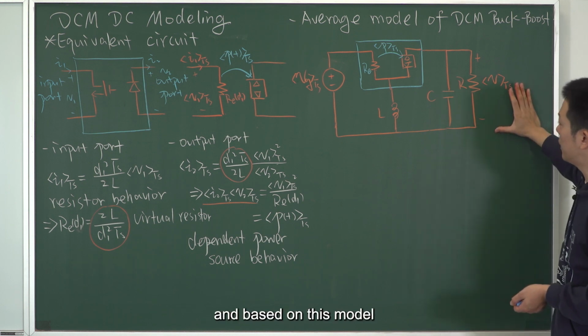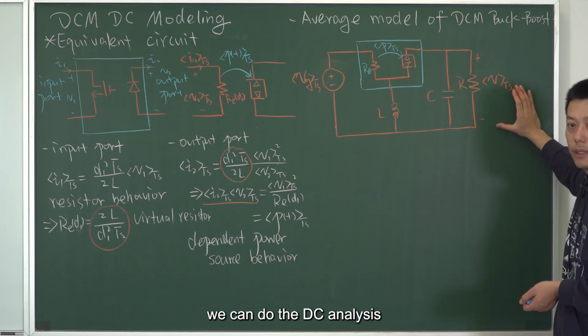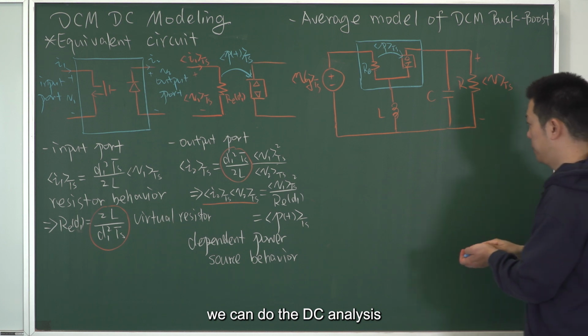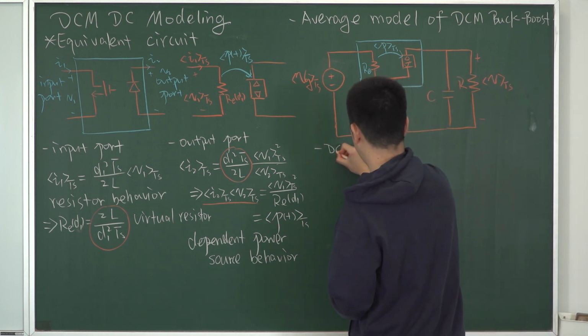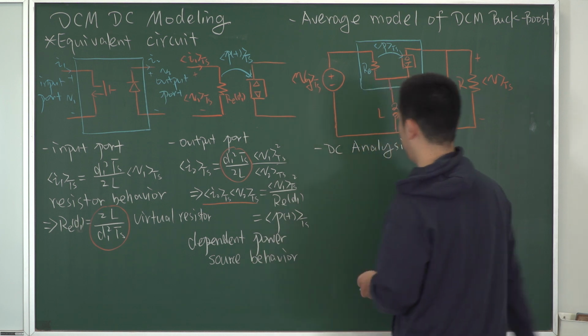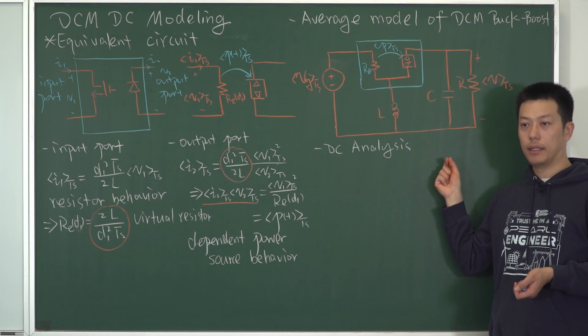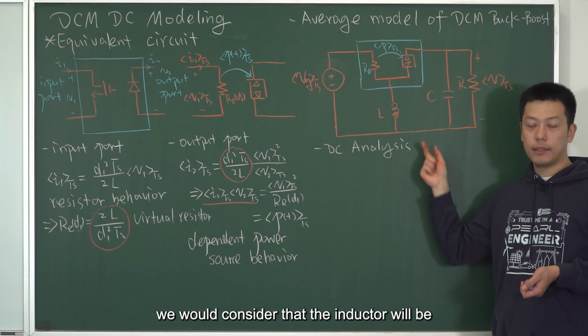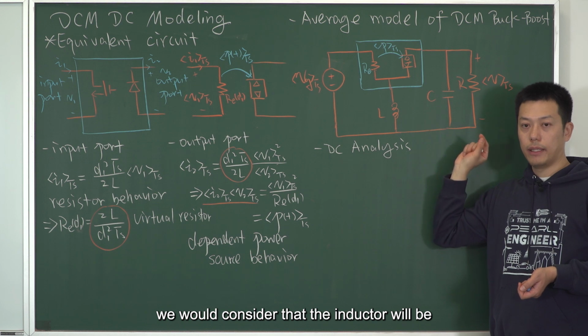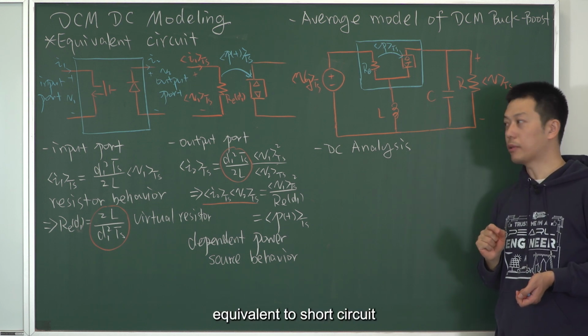And based on this model, we can do the DC analysis. So for large signal DC analysis, we would consider that the inductor will be equivalent to a short circuit.